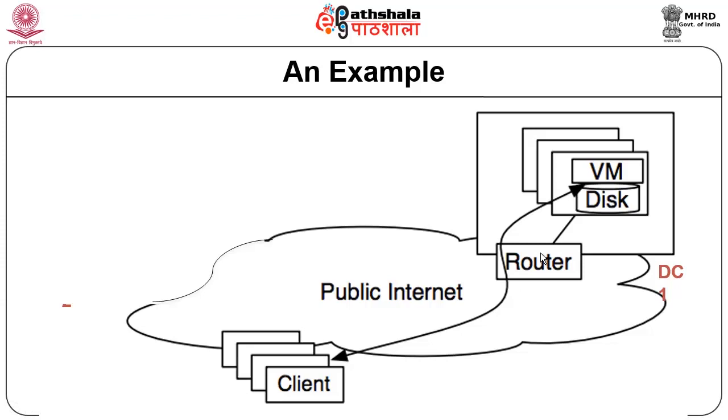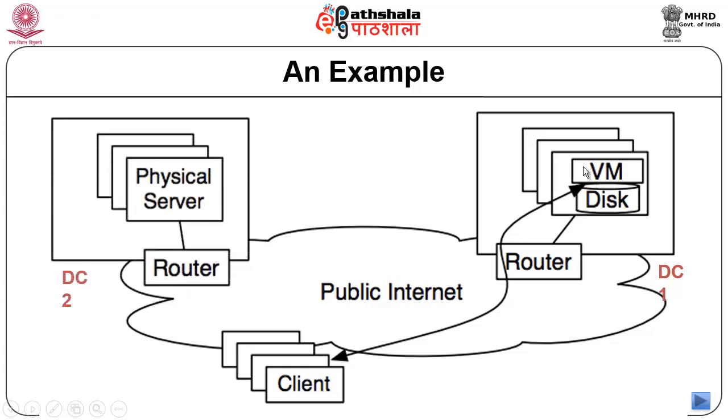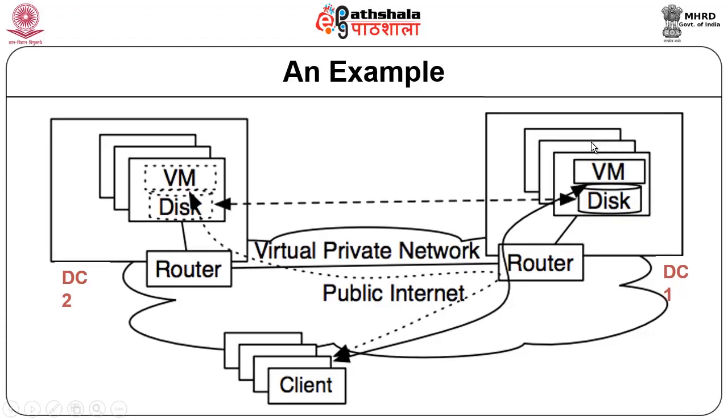Now, if we decide that this data center is too far off and the cost is too high, we can look for another data center which is nearer to the client. But what do we do about the virtual machine? We can stop the VM there and bring it back here. That is one option. The other option is to move or migrate the VM.